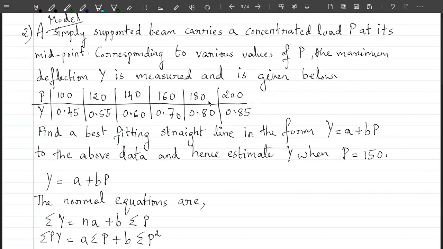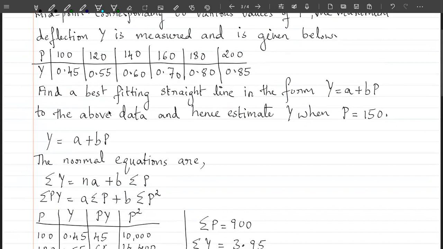So the values of P are given, the values of capital Y are given. Find the best fitting straight line in the form capital Y equal to A plus BP to the above data, and hence estimate the value of Y when P is equal to 150. So in this problem, once you get the required equation of the straight line, you have to put the value of P equal to 150 and calculate the value of Y.